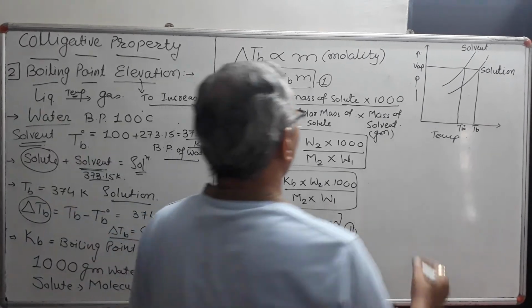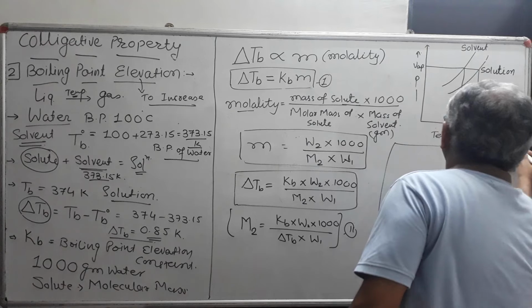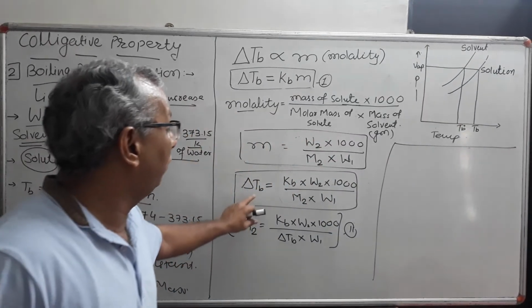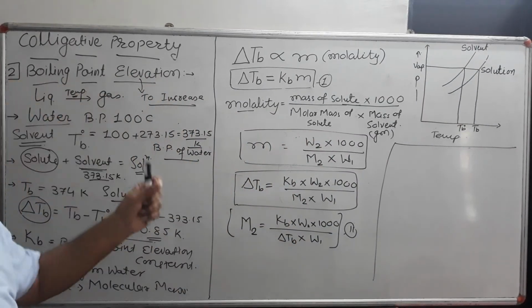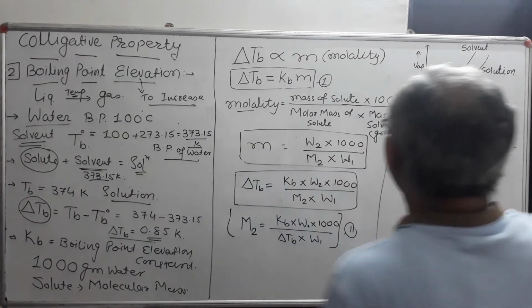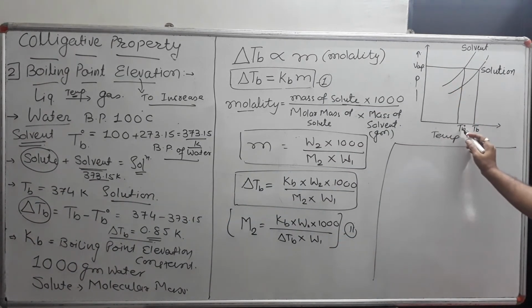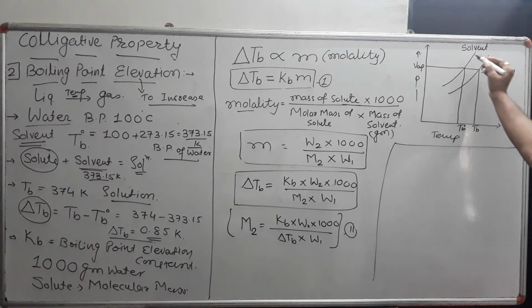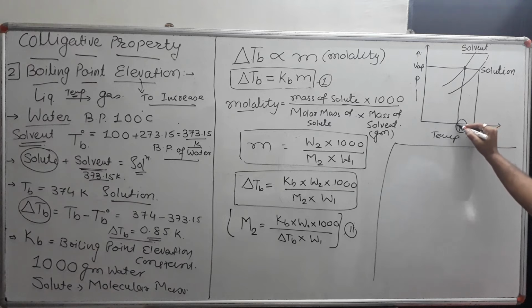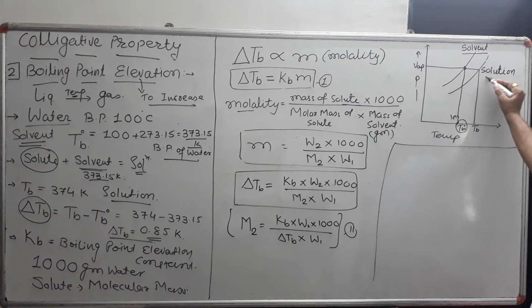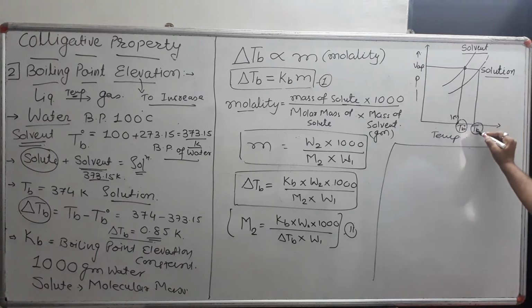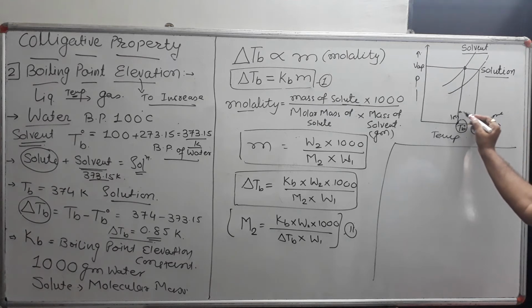Now we are going to find out the unit of kb, but before that you also have to draw one graph in which vapor pressure versus temperature is to be taken, in which you can see solvent has the temperature TB which is less here, friends, and here the solution's boiling point is more, that's why this is more, and the difference between these two is called, friends, delta TB.